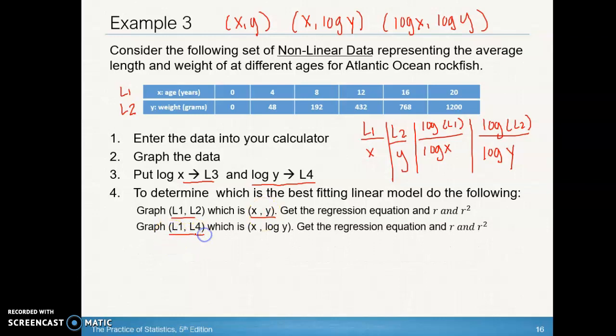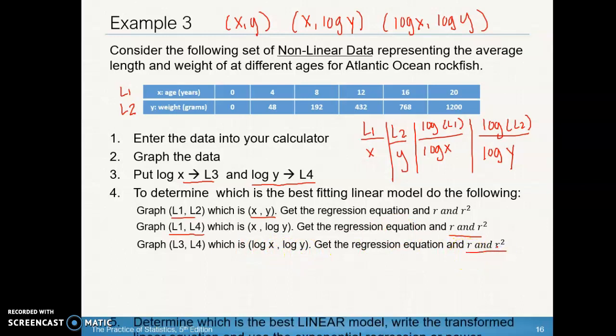Then you're going to graph L1 and L4, which is x, log of y, get the regression equation and find r and r squared. Then you're going to graph L3 and L4, which are log of x, log of y, get the regression equation and r squared.